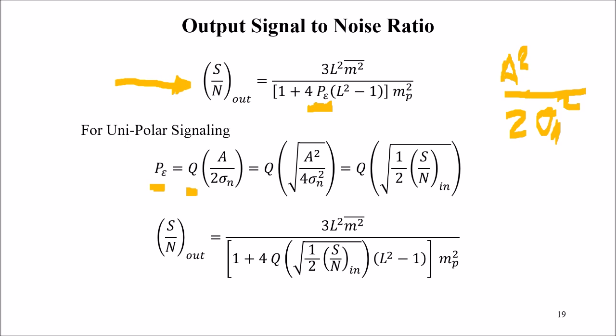So now I can express the probability of an error using the Q function and the signal to noise ratio at the input. I substitute that back in for the probability of a bit error, and I get this enormous equation, which relates the signal to noise ratio at the output to the signal to noise ratio at the input.